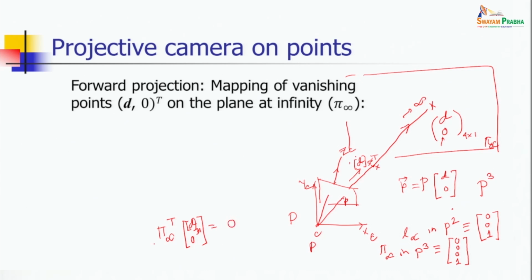So any ideal point lies on the plane at infinity, like any ideal point in the two-dimensional projective space lying on the line at infinity. This is one concept of how you can express the projection ray and a point at infinity D0.